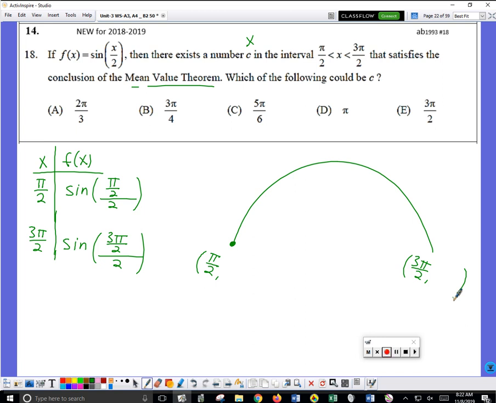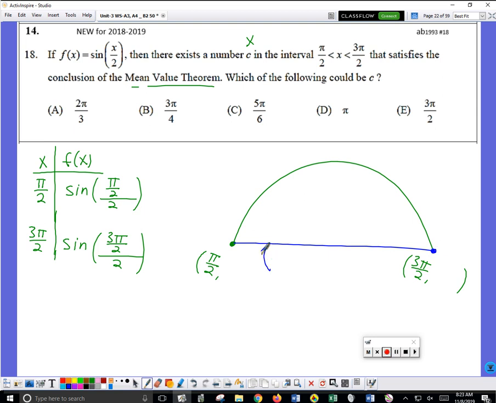The mean value theorem states that on this interval, and as far as we're concerned, when you're using the mean value theorem, because you're only looking at an interval, you do not look at anything else. You basically pretend that the function starts here and stops here. There are no points anywhere else. You need to find the average rate of change between these 2 points, which means we need to know the slope of this secant line.